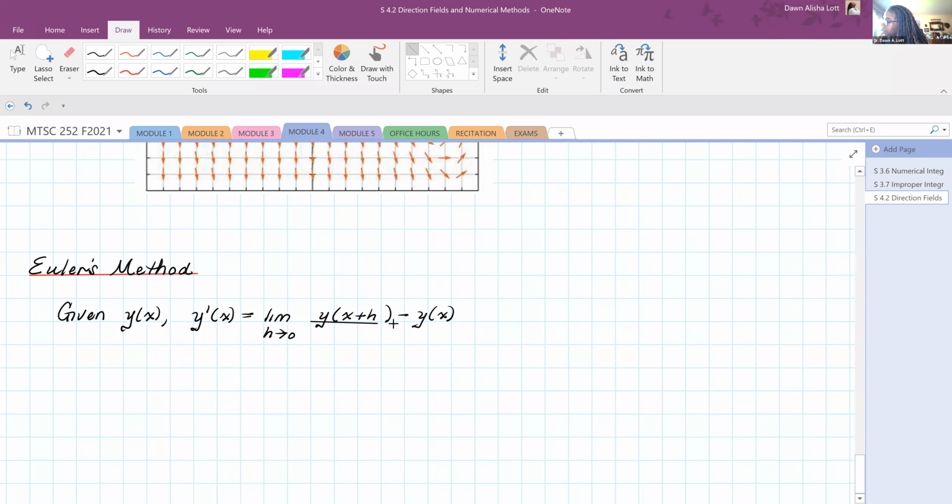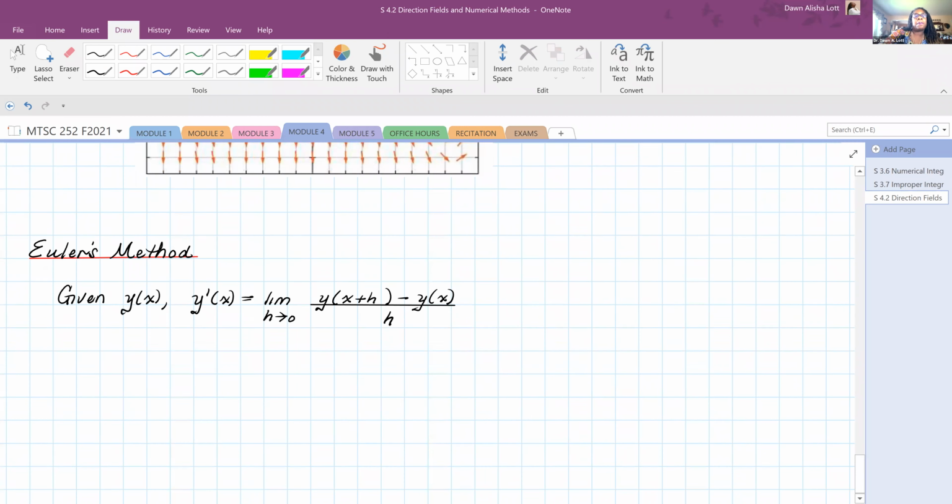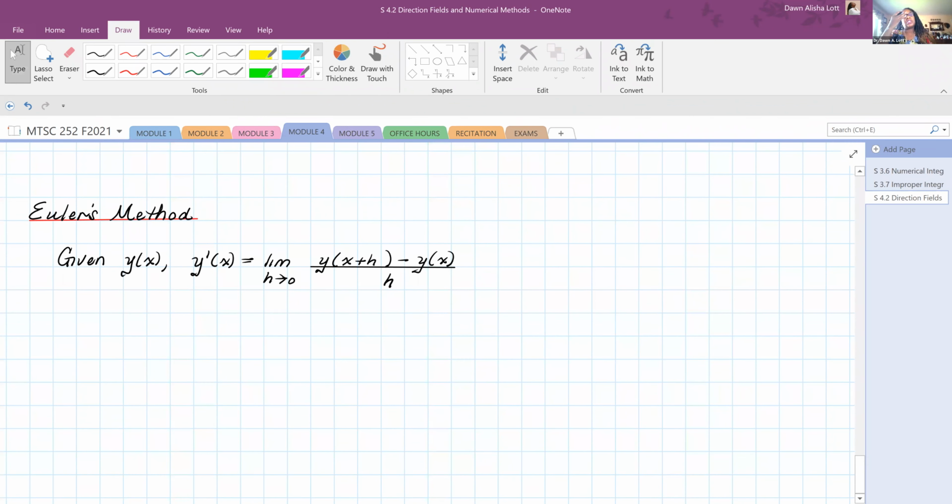That should look pretty familiar to everybody as the derivative. That's the definition of the derivative. And you guys remember back in Calc 1 when you had to use the definition of derivative to find it, and it was pretty hairy, scary. But that's the definition of the derivative.